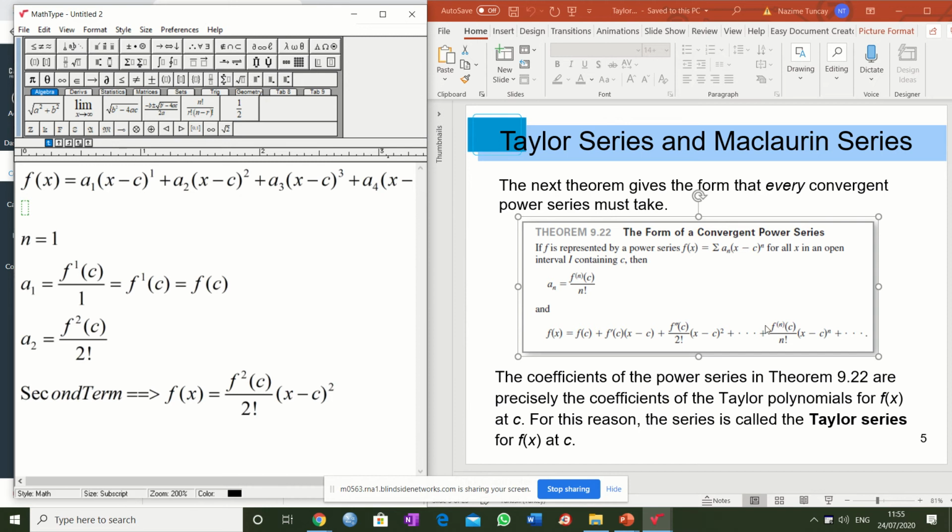Now here, if we mention that these are derivatives, then we should always say that these are derivatives. If these are derivatives, then we can also write it like this, with a small dash.